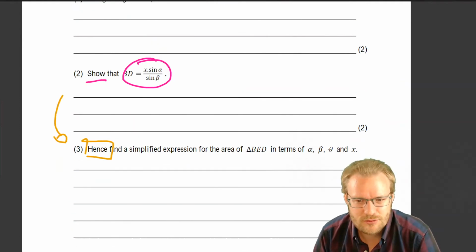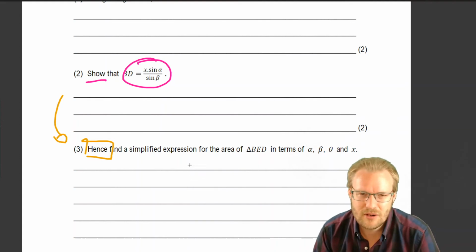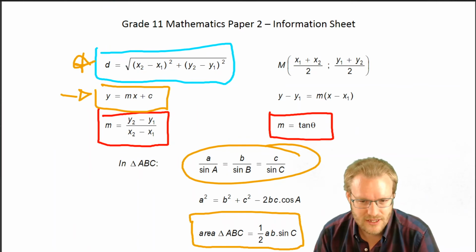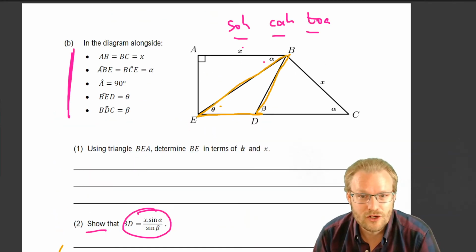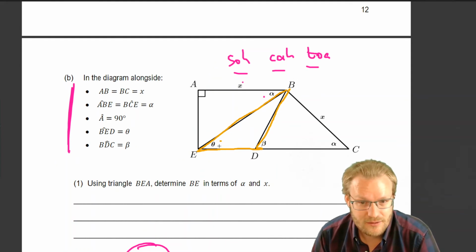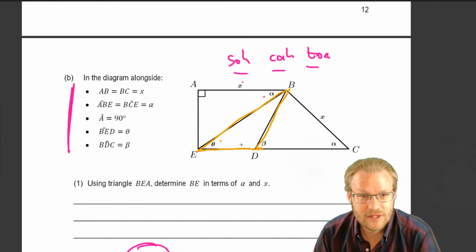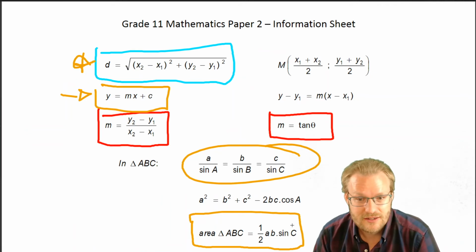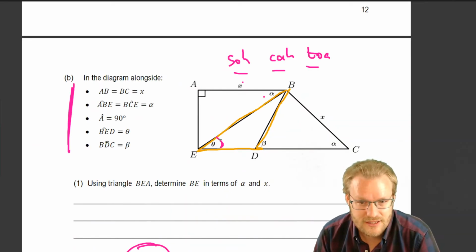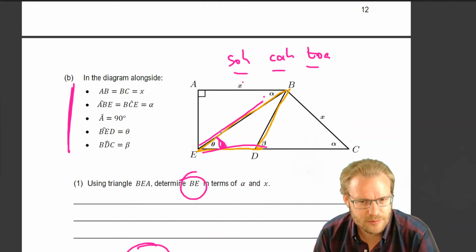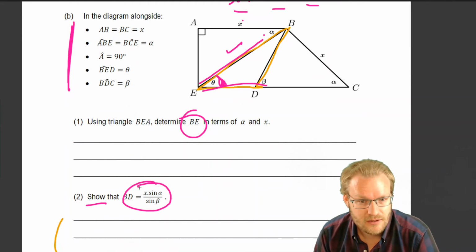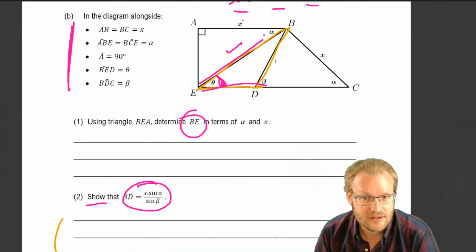So in terms of all of these things, it's going to be some long expression by the time you're done, but you know that your starting point is the area rule. So half AB sine C. So when you're looking at this, remember the area rule, half AB sine C. So if you're looking at this angle, then you're going to be dealing with the two sides next to it. Now, we've got BE. We've got BD.